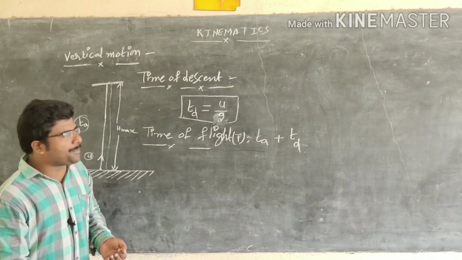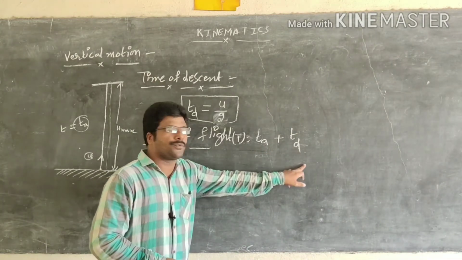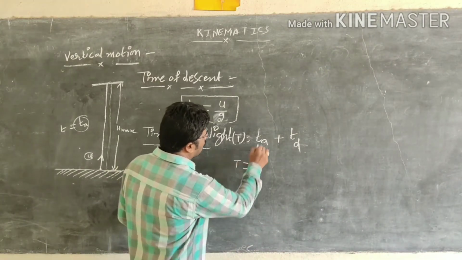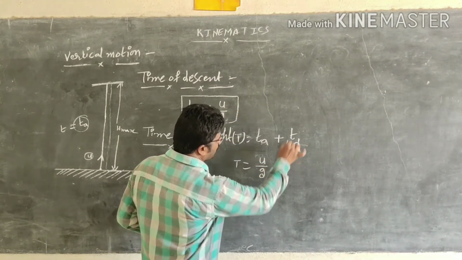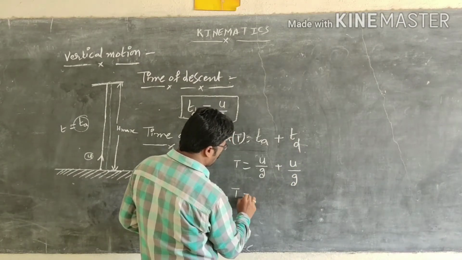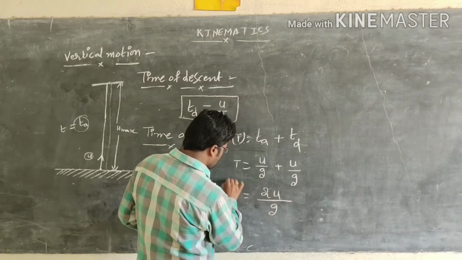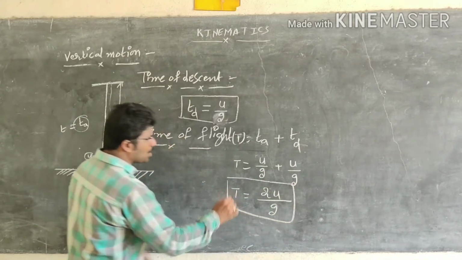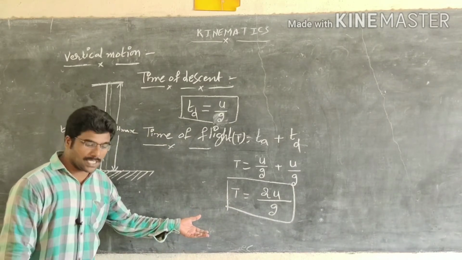For time of flight, we can write the summation of time of ascent plus time of descent. So T equal to time of ascent, already we know that U by G, plus time of descent, that is also U by G. So T equal to 2U by G. This is the formula for time of flight.